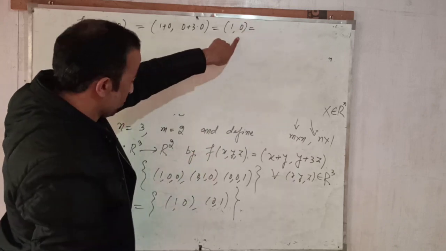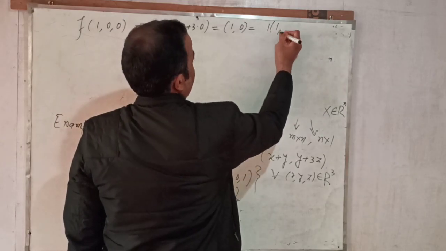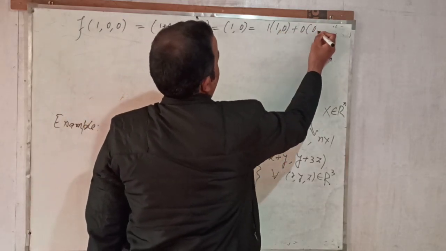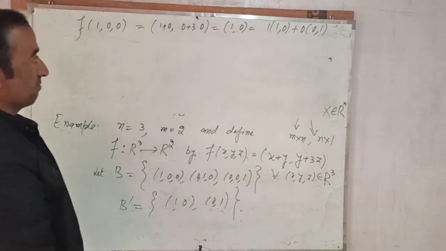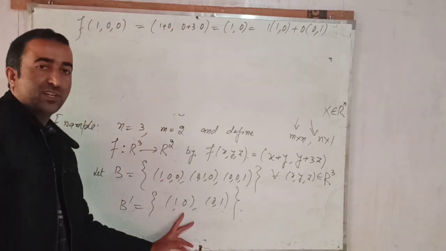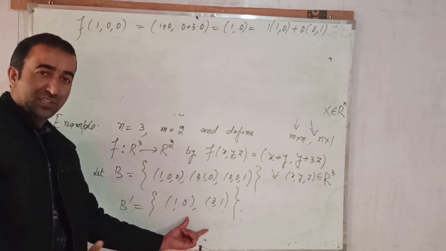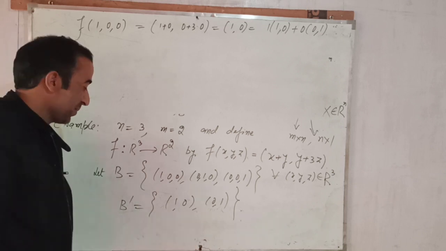Now this (1, 0) I have to express as a linear combination of these, so it will be 1 times (1, 0) plus 0 times (0, 1). That's quite obvious because this is standard. In this case it's easy to calculate the coefficients in the linear combination.